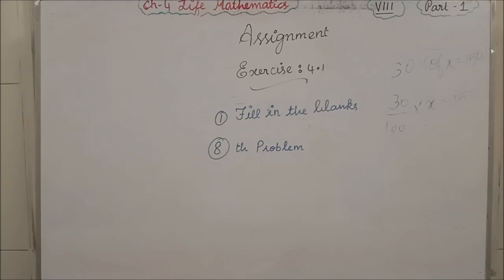Only the difference is you have to change the sign. You have to put a minus in between. Find the number, they have given. So, the first line you have to write: let the number be x. Then according to that, you have to do the remaining sum. Clear, students? Only the fill in the blanks and only the 8th question you are going to do as homework for your Part 1 session.